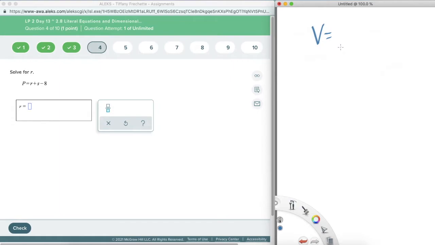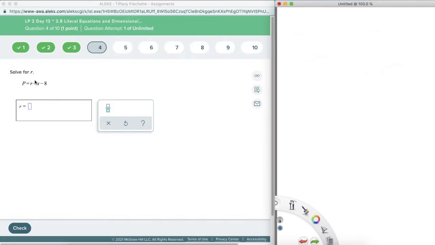We have length times width times height. Well, this is all letters, right? They're all variables, but they all stand for a literal part of the box. This is the length of it, this is the width, this is the height. They're not just random variables, they have a very literal meaning. So that's why we call them literal equations.